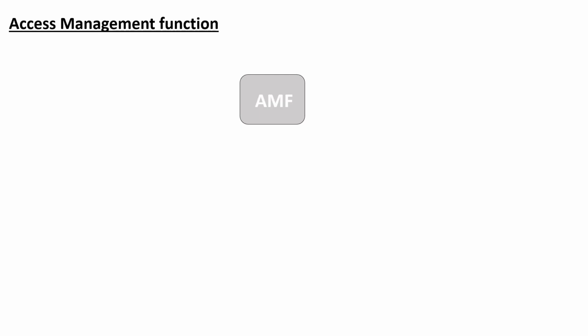So how does it happen? The subscriber, as soon as they switch on the handset and try connecting with the 5G network, connects with the local 5G radio, which is the gNodeB or 5G New Radio. Then the gNodeB will select the AMF. There are different ways by which the gNodeB selects the AMF.